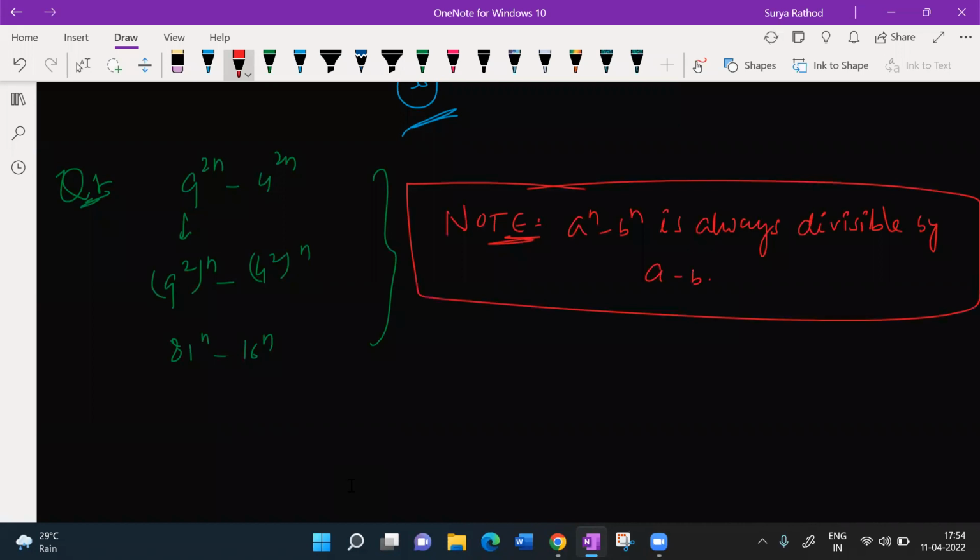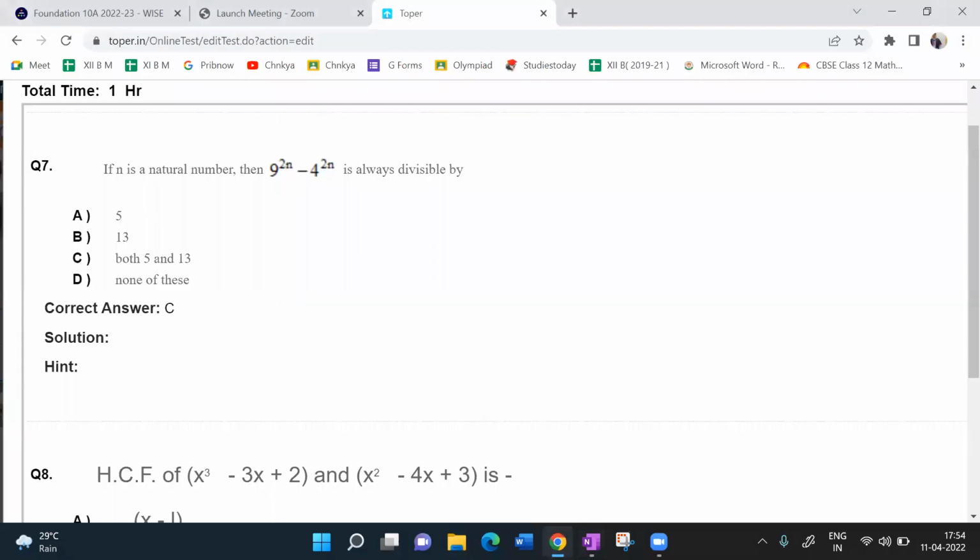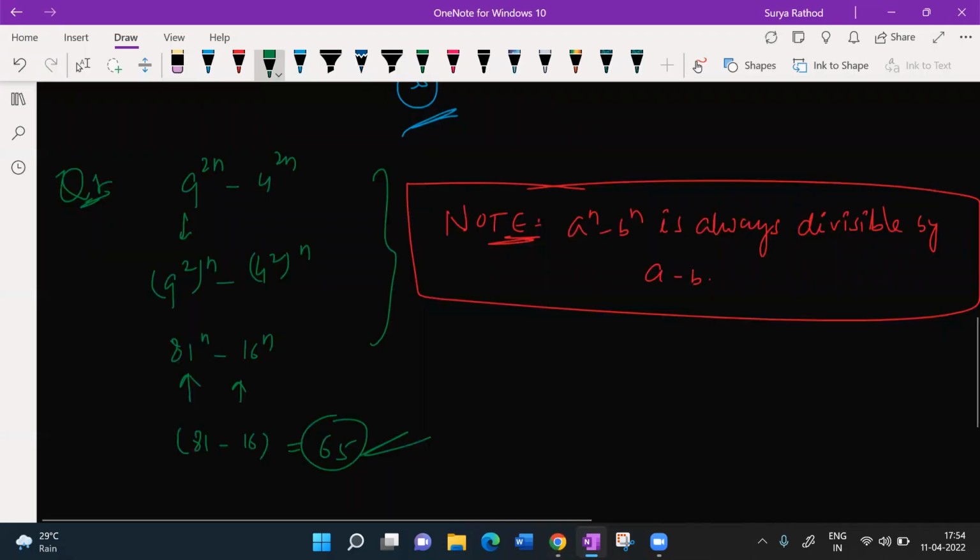So if it is the case, now look at this, a power of n minus b power of n. So 81 minus 16, how much? 65. All right, so this is the answer. And what are the factors of that 65? So 13 and 5 is the answer.